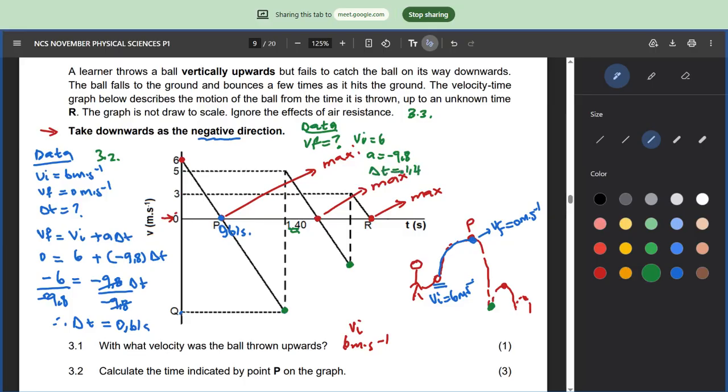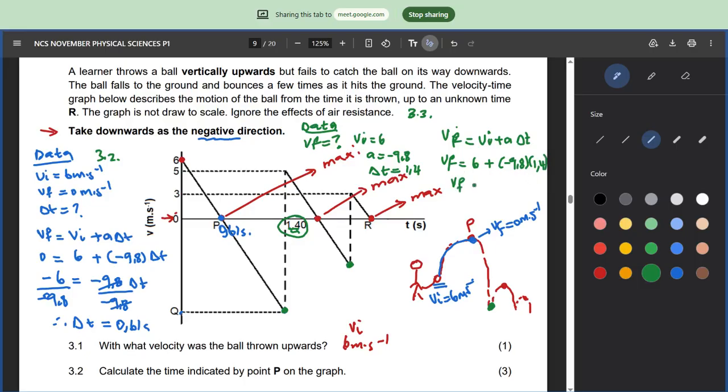So we are looking for the final velocity at point Q. You just use that time. You just have to say V final is equal to V initial plus a delta t. That's how easy the question is. You substitute 6 plus negative 9.8, the time is 1.4. Then you substitute that on the calculator to find your final velocity.